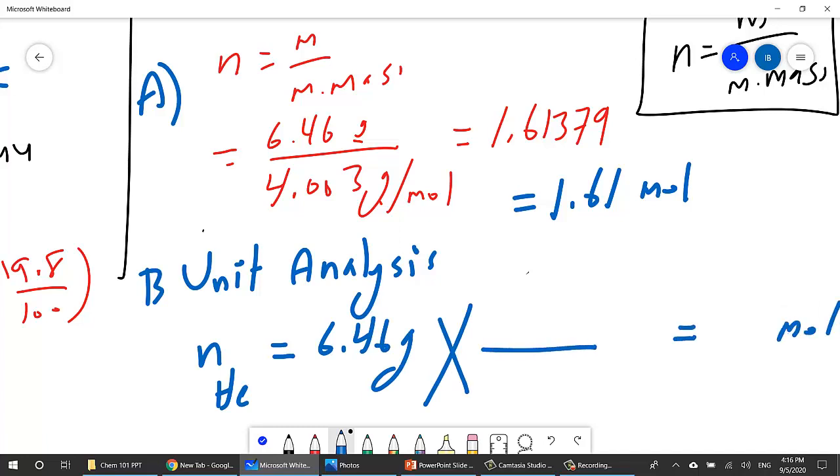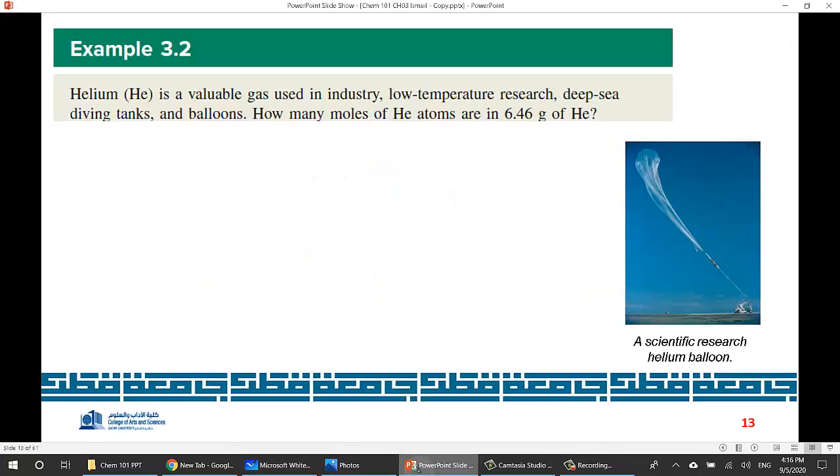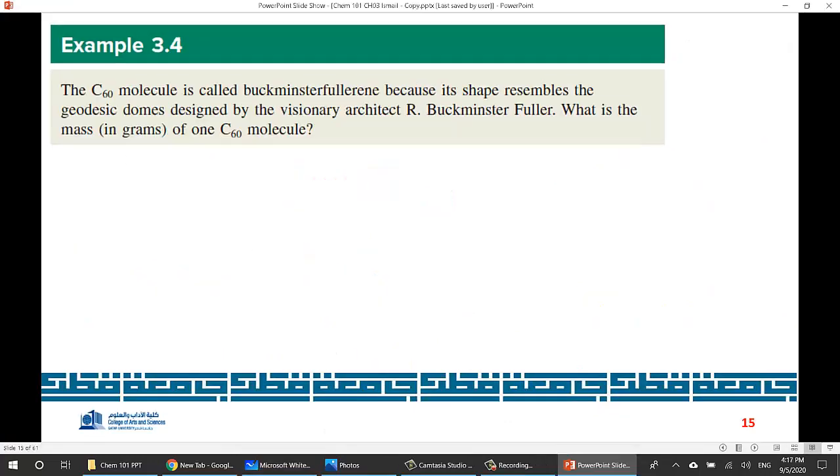So for this conversion factor, you need 1 mole in the numerator, so you put 1 mole of helium, and here you can say that 1 mole of helium weighs 4.003 grams, right? So this gram goes with this gram, and you are left with moles. So basically you divide 6.46 by 4.003, and you get the same answer. So these are the two methods to solve these questions.